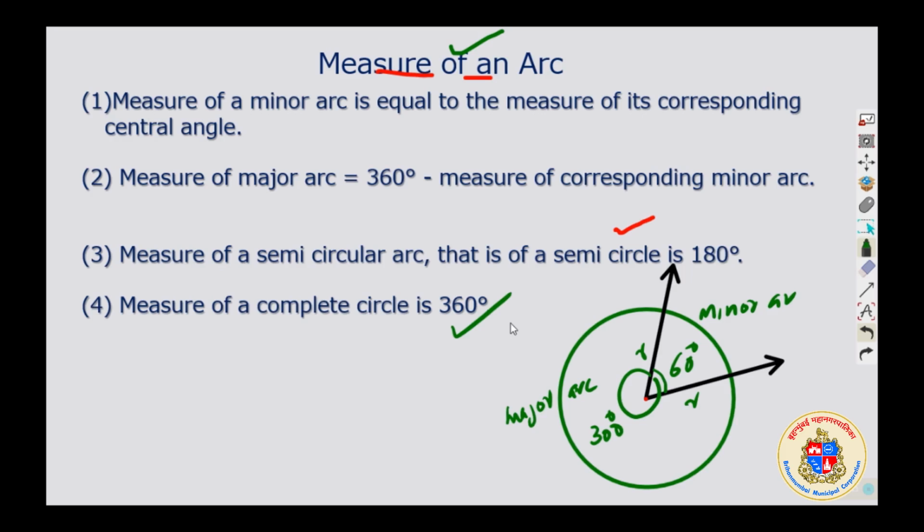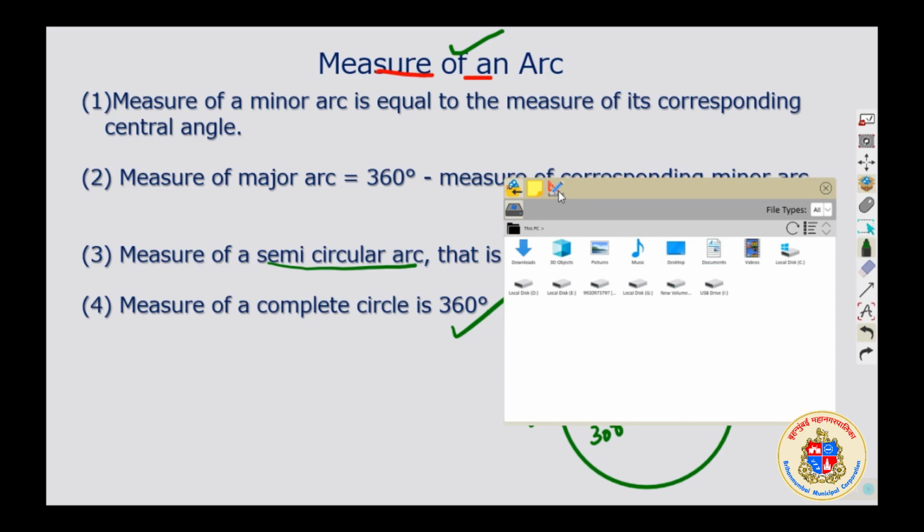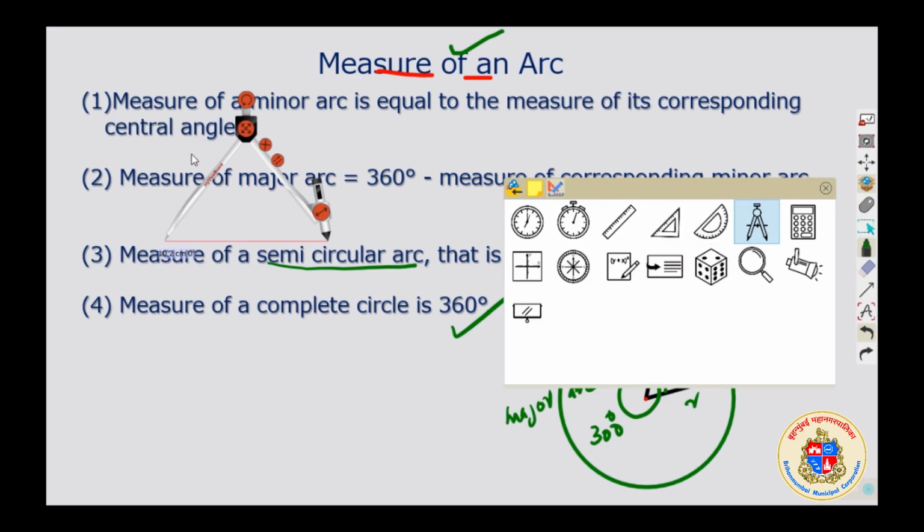But on the other hand, if it is a semicircular arc, what is a semicircular arc? Semicircular arc is that arc which is having the shape of a semicircle. Semicircle is formed when the angle is the diameter itself.